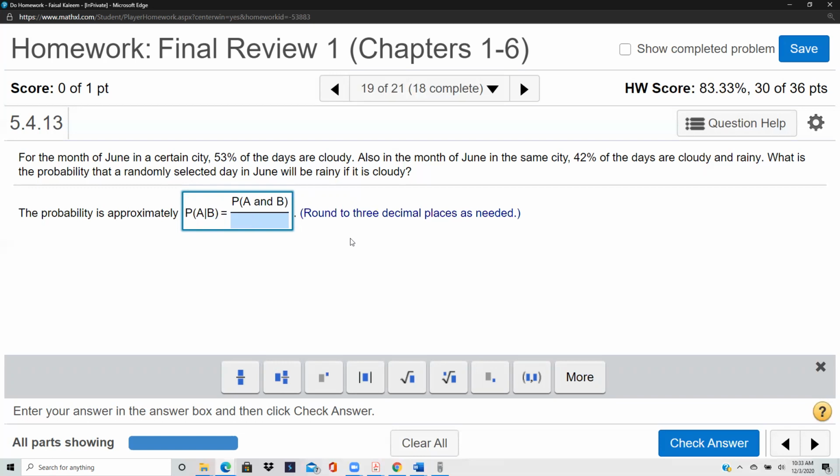Whatever is given, that now becomes the total. So probability of B. Here's a memory aid: you can think of A divided by B, although it's not divided, just to remember that you're going to divide by B.